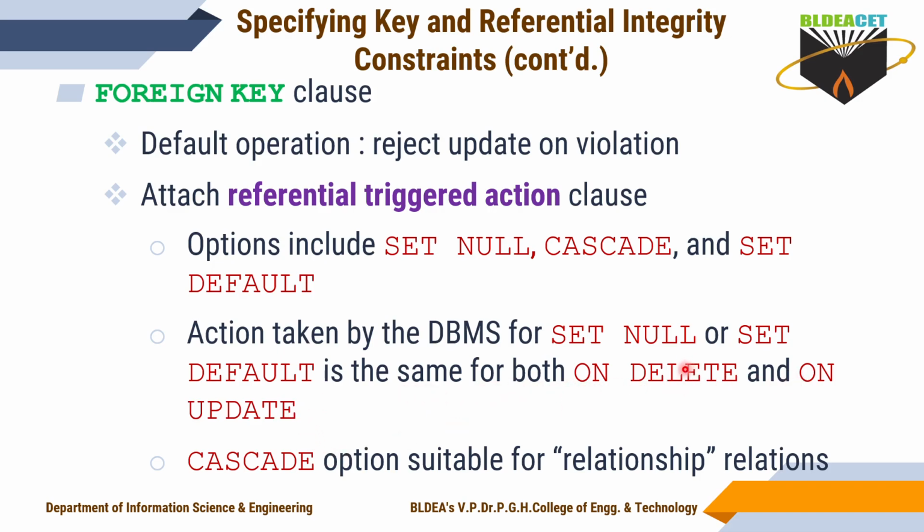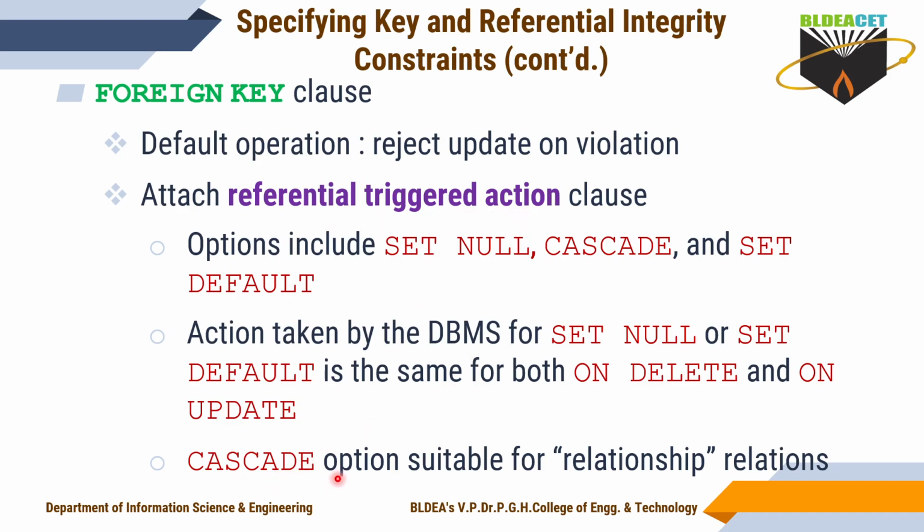Whenever you delete and you use set null, it takes a null value in the place of that particular value. On update it is the same procedure. You may also have a default value, so in the place of null you can set a default value. These are some of the actions under the referential triggered action.